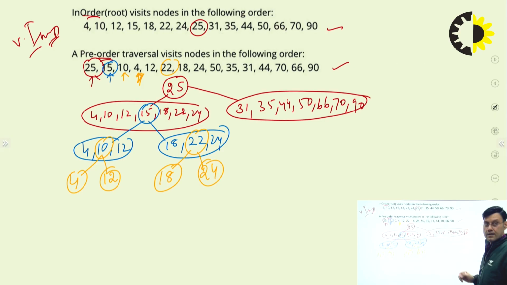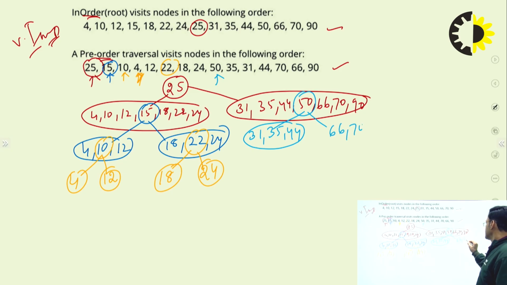Again, here we will check from 31, 35, 44, 50, 66, 70, 90 which is the root. So we will see here 50 from the given keys. 31, 35, 44 will come in the left subtree, and 66, 70, 90 will come in the right subtree.